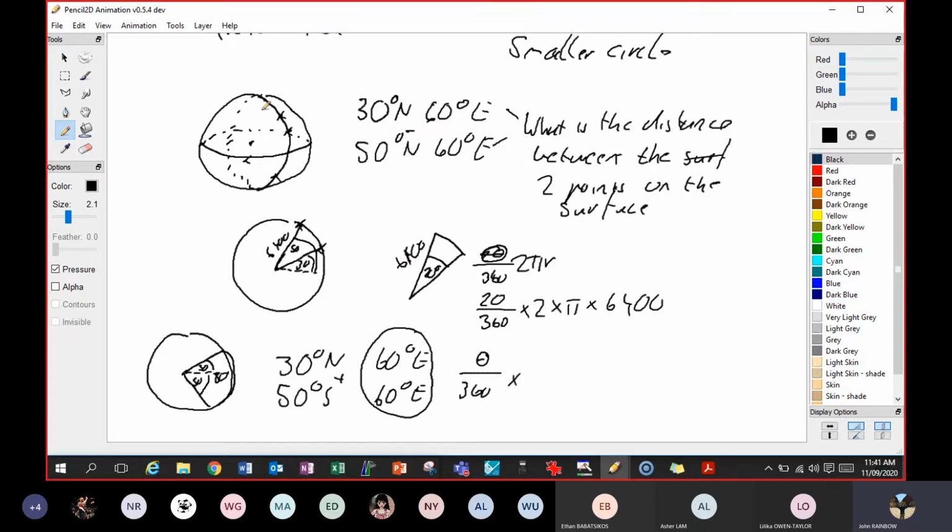It doesn't matter where you are, the radius of this is always going to be 6,400. So this is going to be 80 degrees over 360. And I'm not doing the calculations because I know you can do the calculations. I'm just trying to get you to understand the math of it. So that's the formula for a great circle.